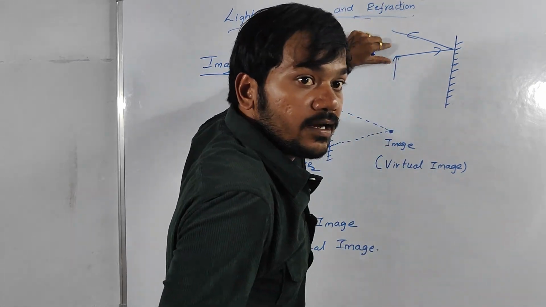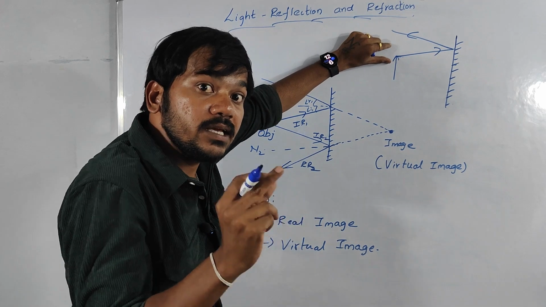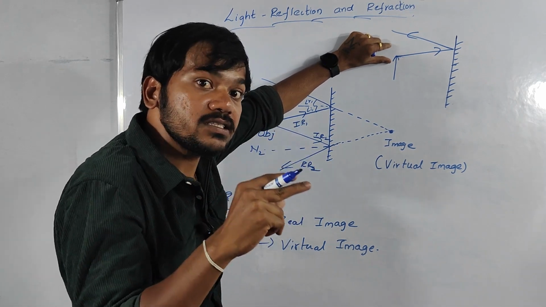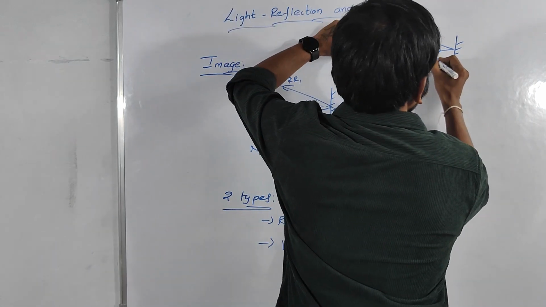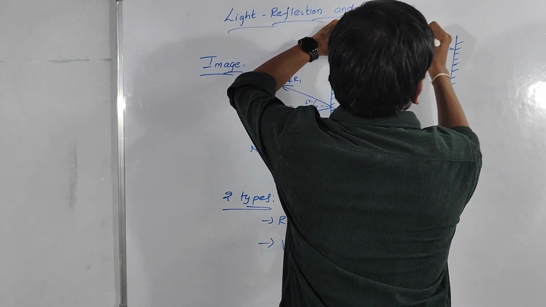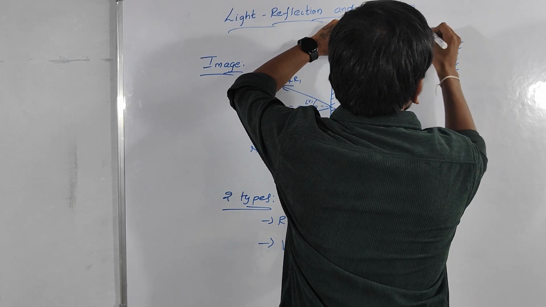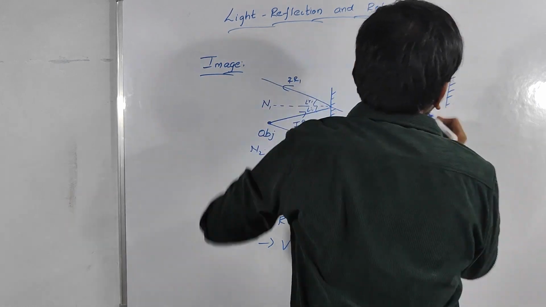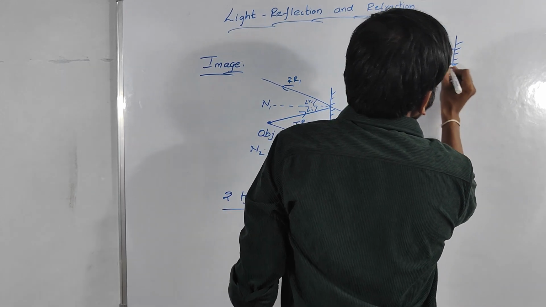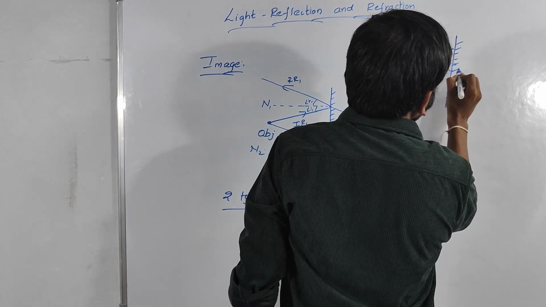From the head, in order to form the image of the head, two incident rays are required. I'll take this as IR1, this is RR1, and this is N1. We require another incident ray, which is IR2.